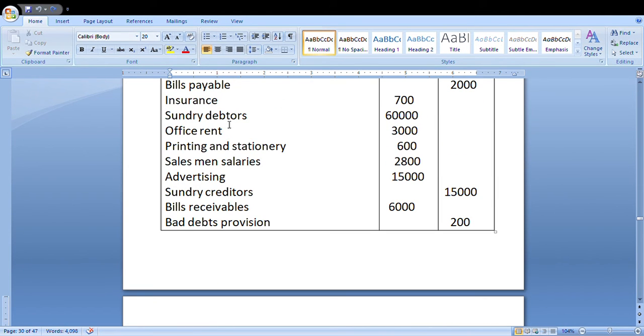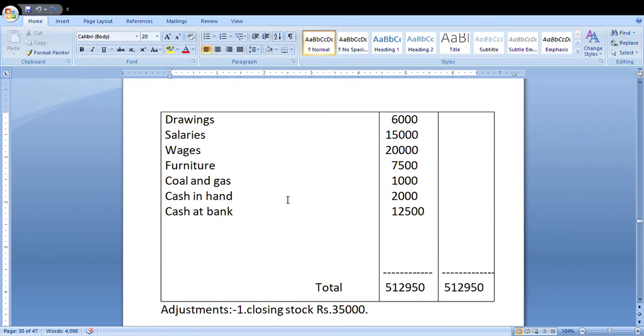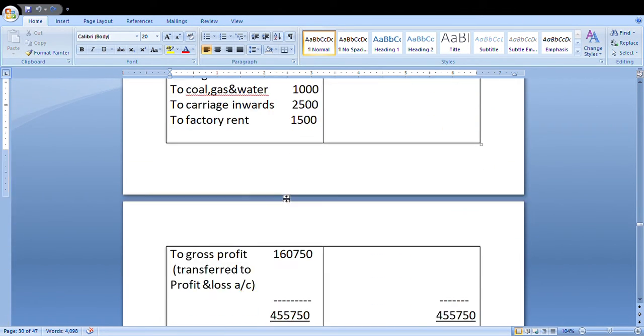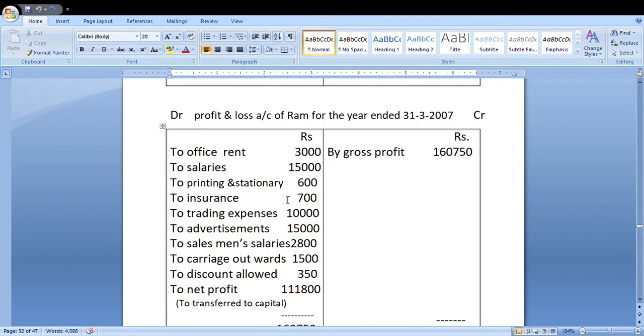Next, sundry debtors. This is also an asset. This enters the balance sheet, asset side. Office rent. Rent is expenditure. Enter it in the profit and loss account. Office rent 3000.